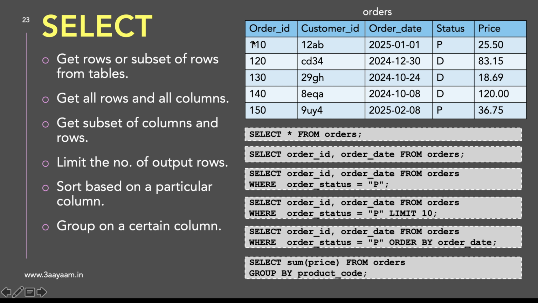So let's say in this case the first 3 rows belong to product code iPhone, and the last 2 rows belong to product code Samsung.